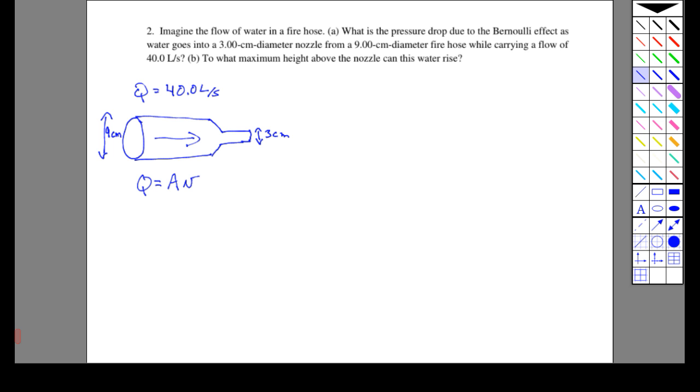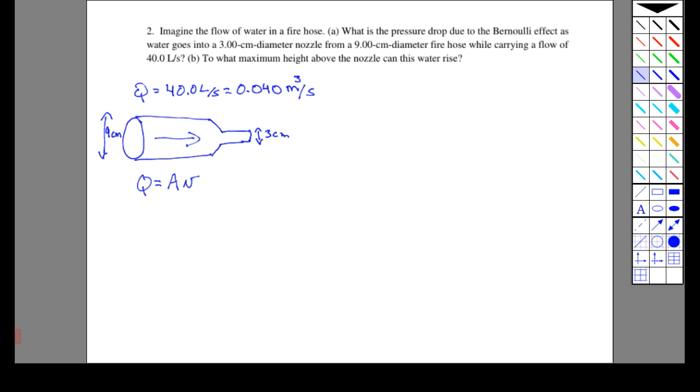But before we get that, liters per second is not our SI unit. We want this in meters cubed per second. So if we convert 40 liters per second into meters cubed per second, it actually becomes 0.040 meters cubed per second.